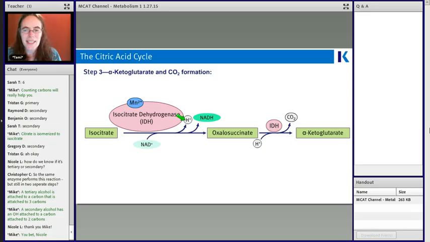Then IDH, again, the same enzyme, is going to take that proton and put it on my alpha-ketoglutarate and remove a carbon. So isocitrate was a 6-carbon sugar. How many carbons are in my alpha-ketoglutarate?